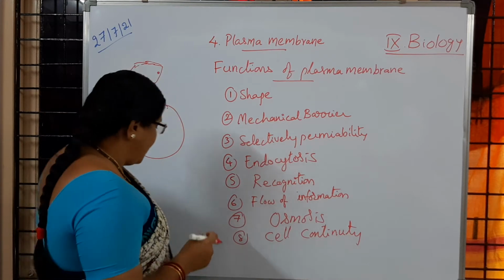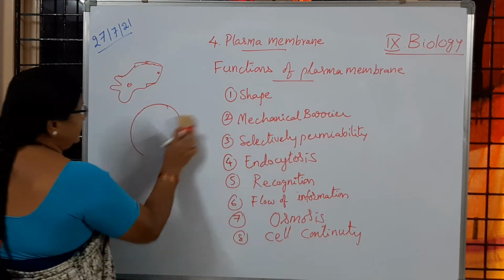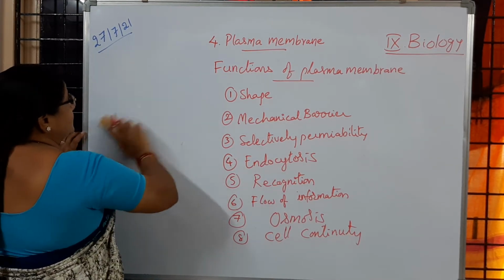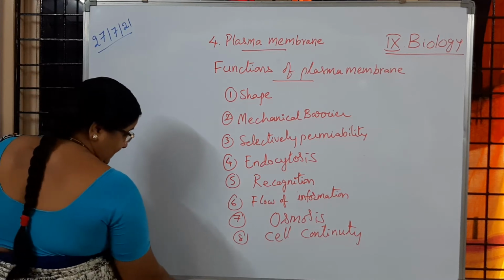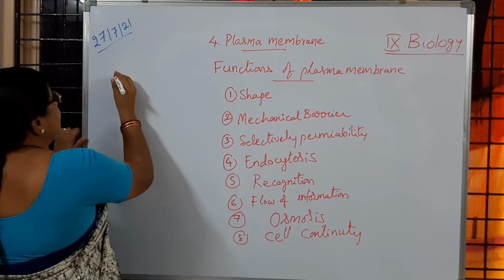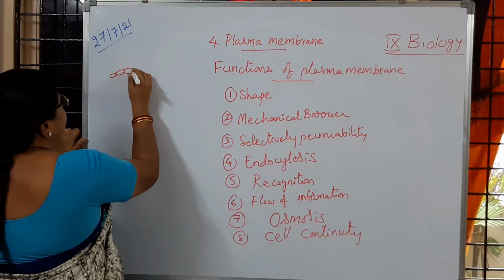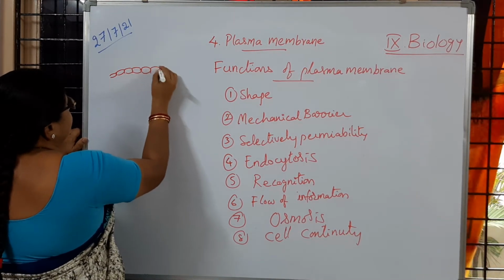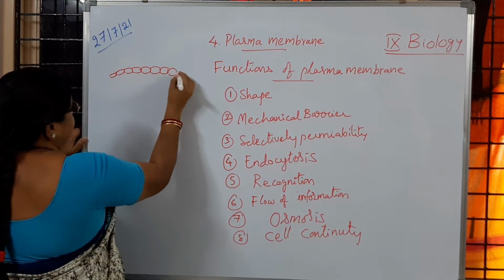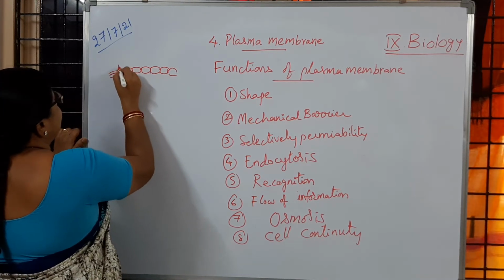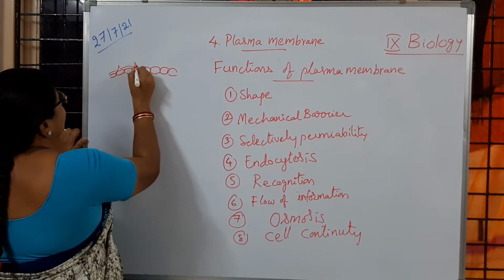For example, if you observe plant tissues, this is the tier of root hairs.